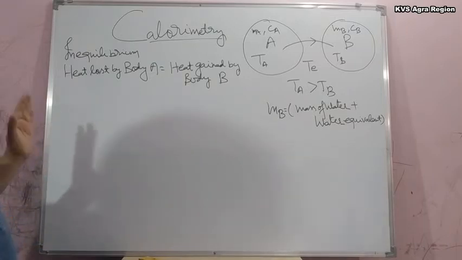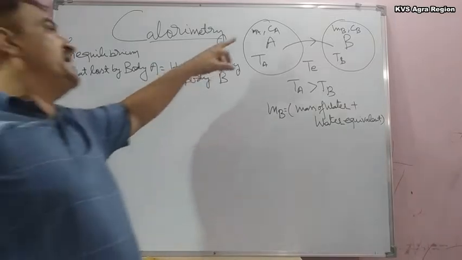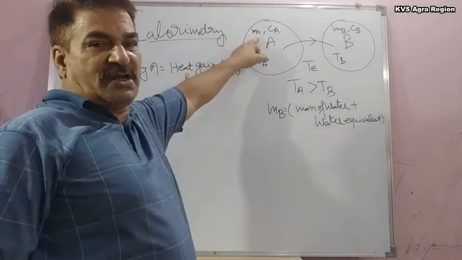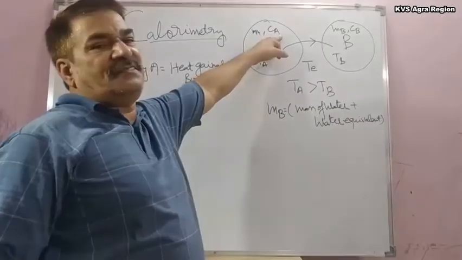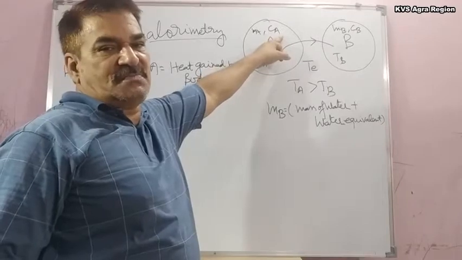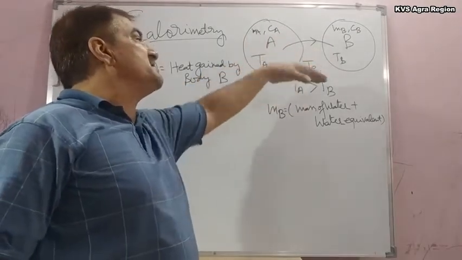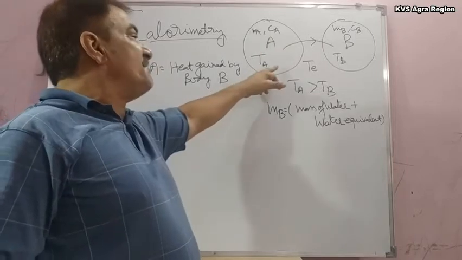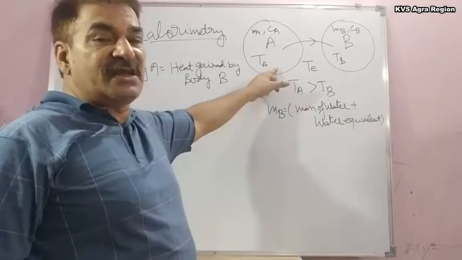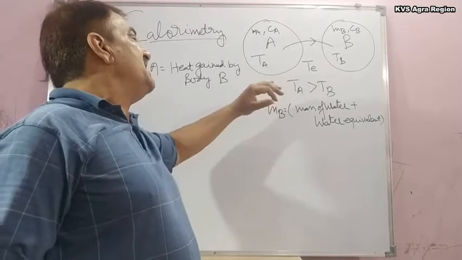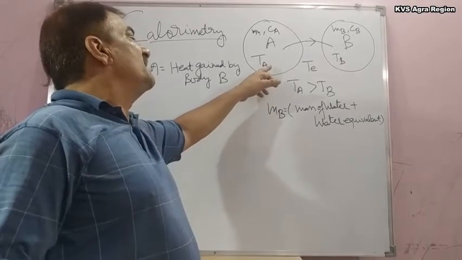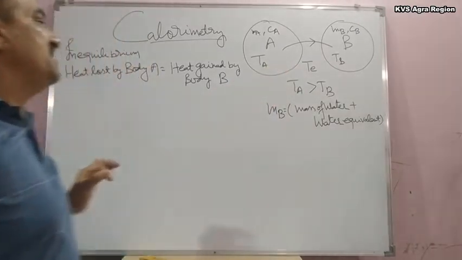On account of losing heat, will there be any change in the mass of body A? No. Specific heat of body A? No change. What will change on account of losing heat to body B? The temperature will change. The temperature of body A will reduce, let it reduce from TA to TE.